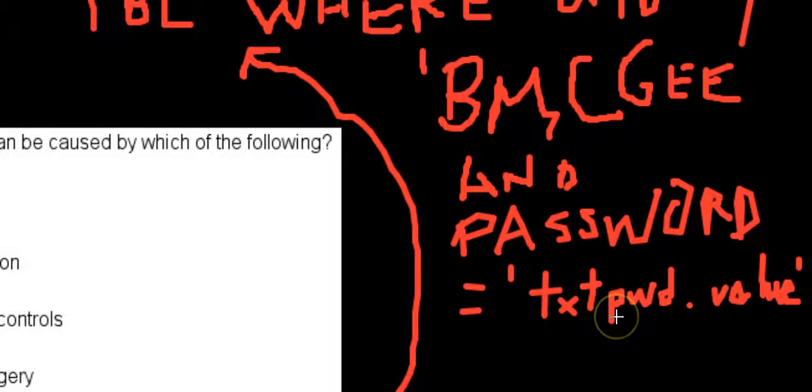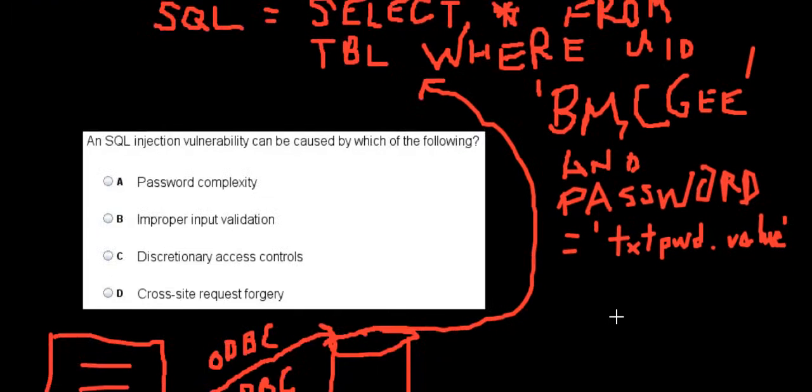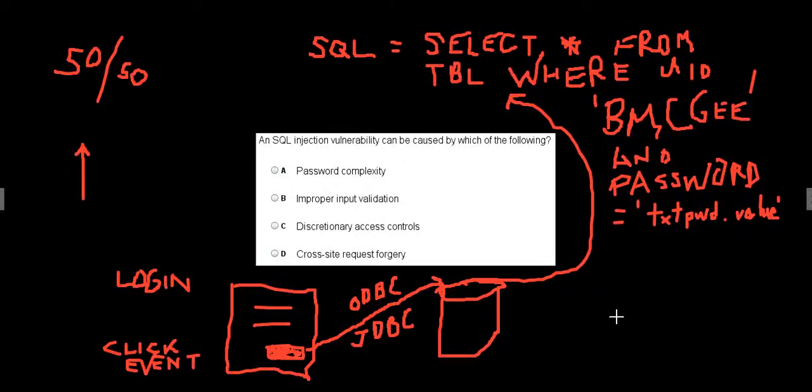Okay, so check it out. Now, why is that important? Well, it may not be important to you, but to any of these web clients that are out there, this is super important. Because remember, here is the UID, here is the password. The text box here is filled in with B McGee.